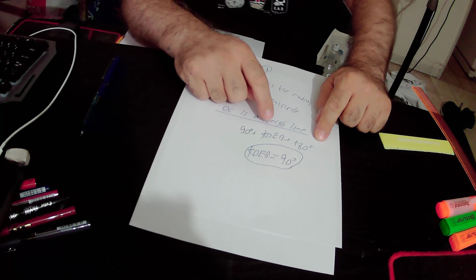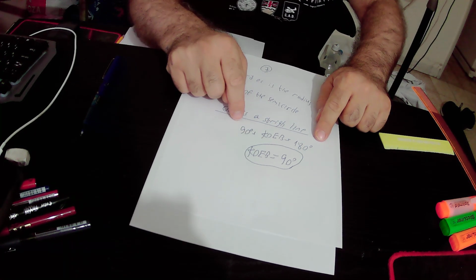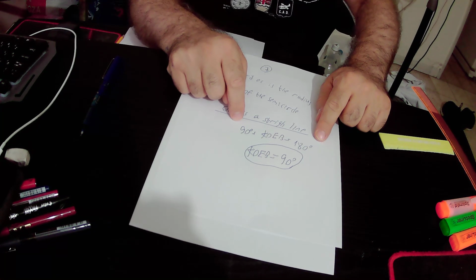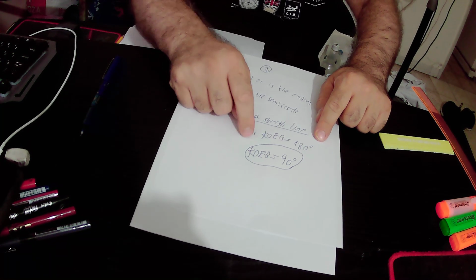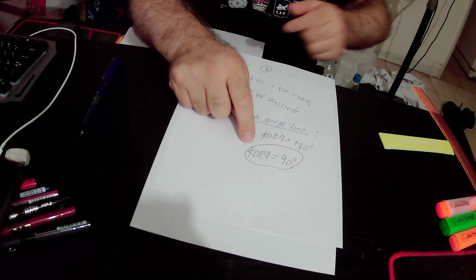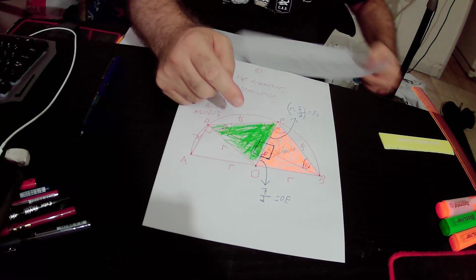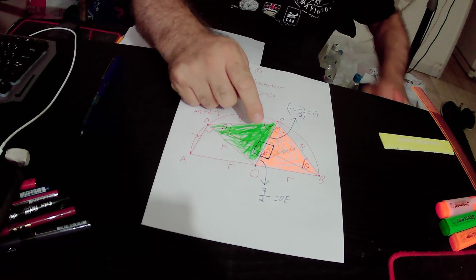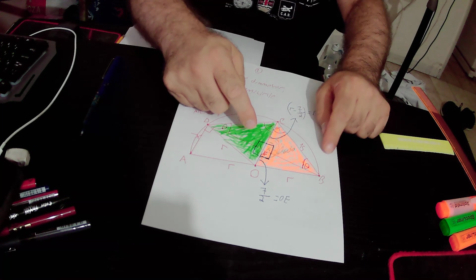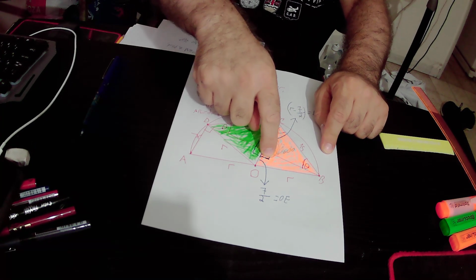Here we subtracted 90 degrees from this equality, and we got that angle OEB equals 90 degrees. This angle is a right angle.